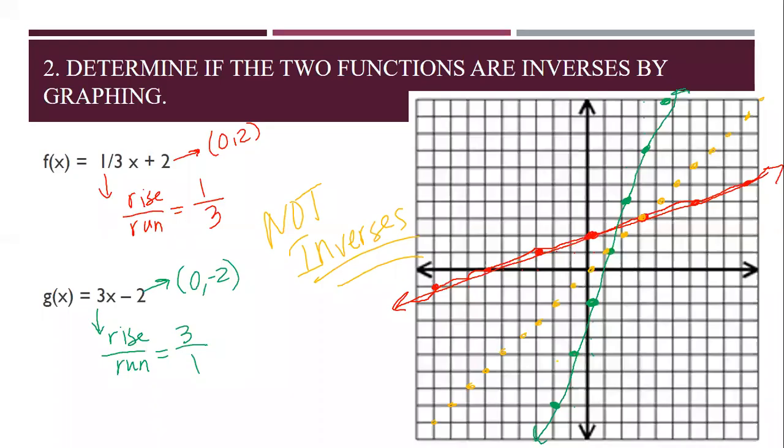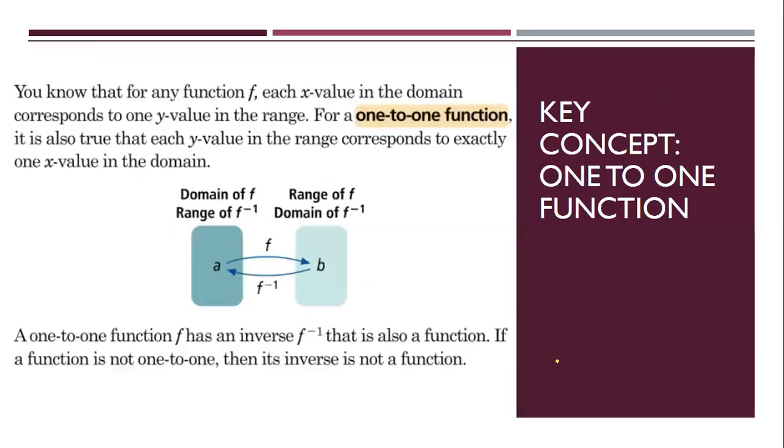All right, any questions about graphically proving? All right, cool. So we're going to talk about what's called a one-to-one function, okay? You know that we have a function, and a function has domain values that do not repeat, correct? Now, if it's a one-to-one function, the domain values and the range values do not repeat.